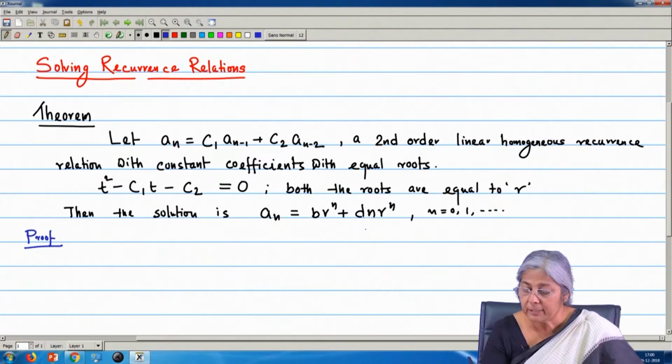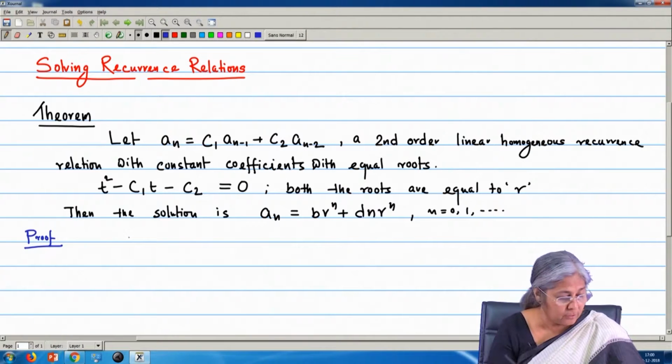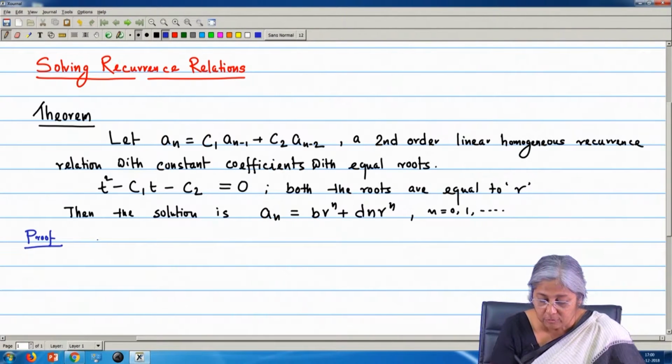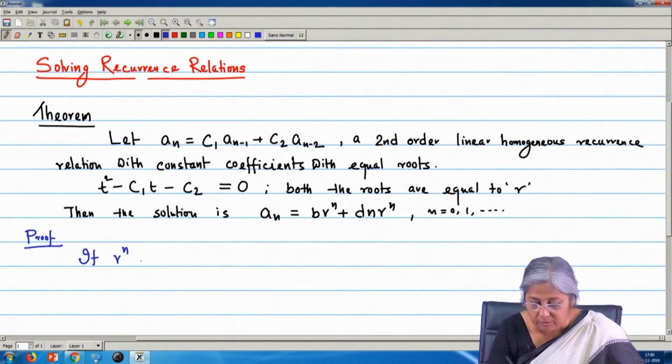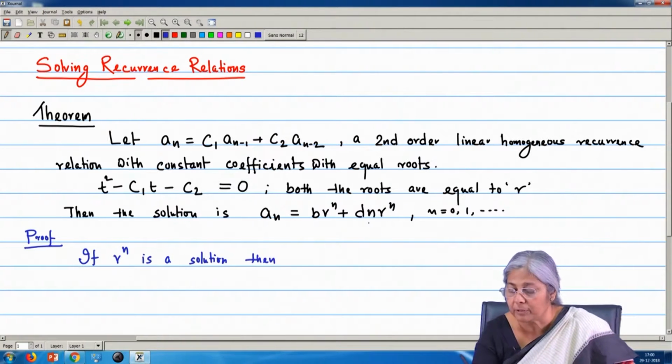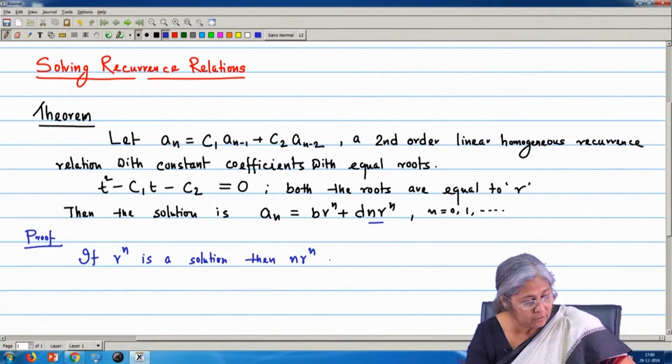Here mainly we have to show that if r to the power n is a solution, then n r to the power n is also a solution.